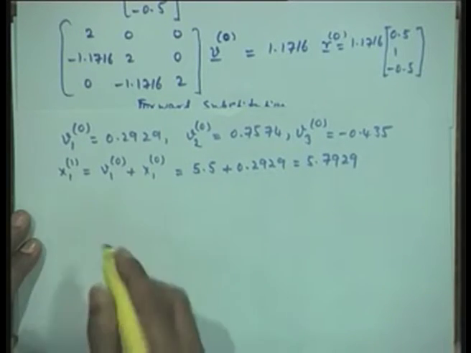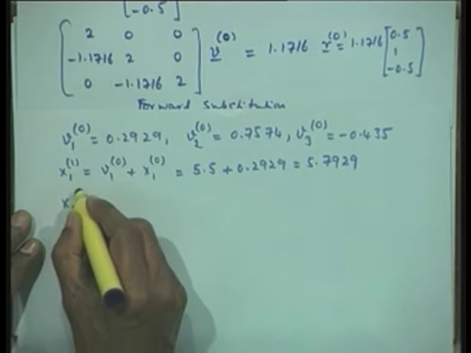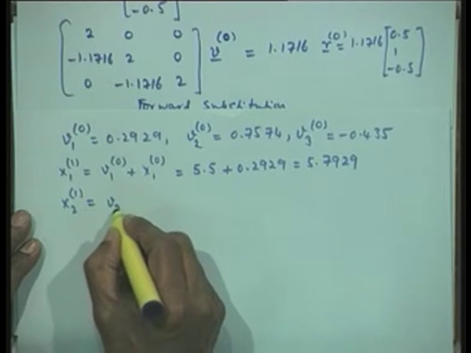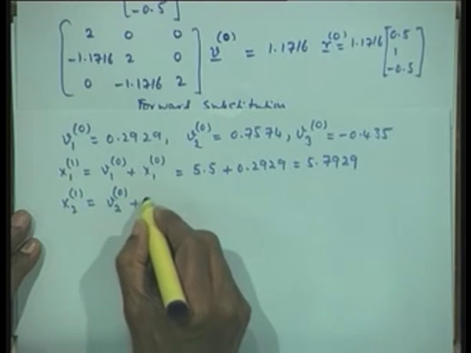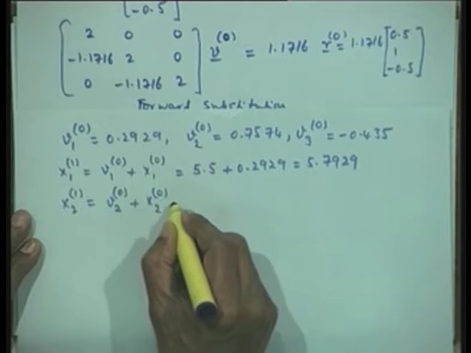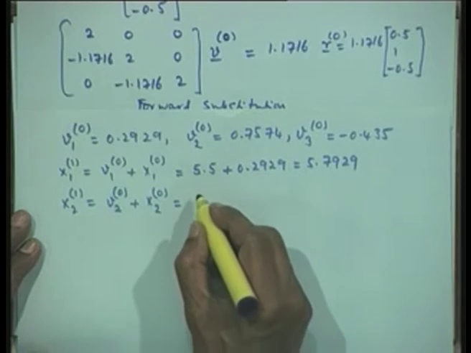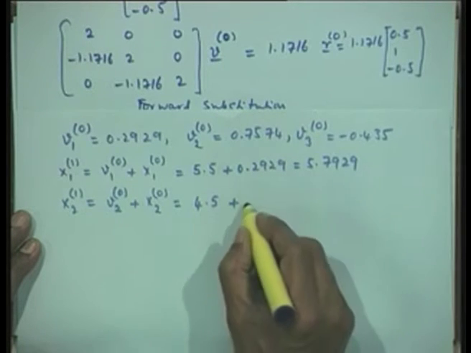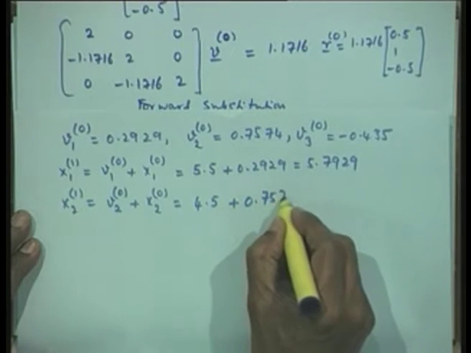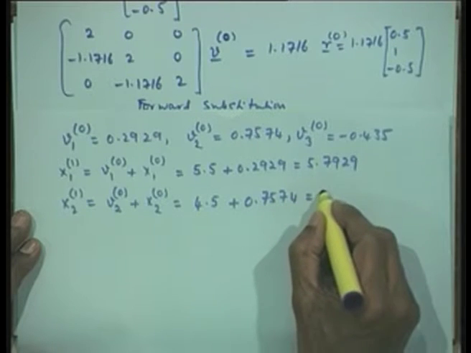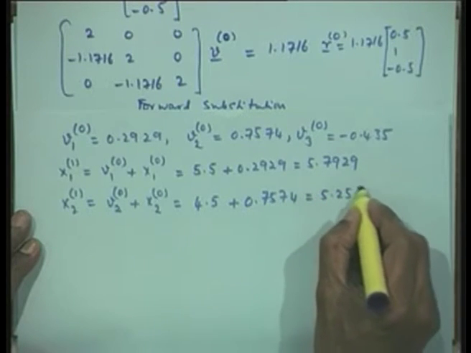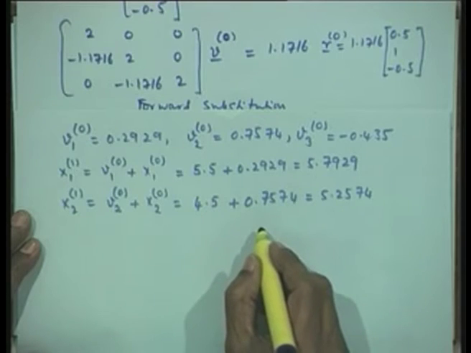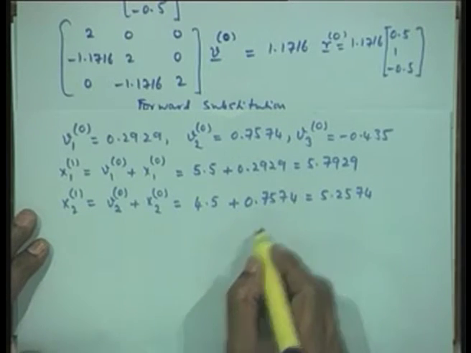Similarly, the second component x2 of 1 is V2 0 plus x2 0. Now the initial approximation was 4.5 plus 0.7574 and that gives you 5.2574. I have added these two to give 5.2574.